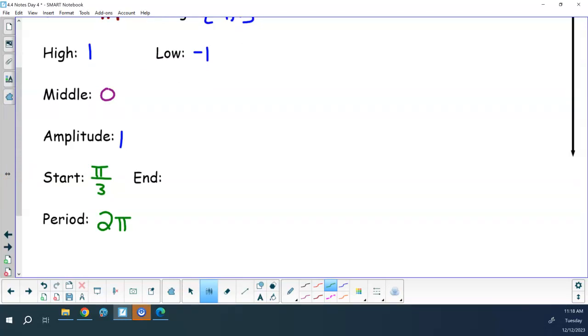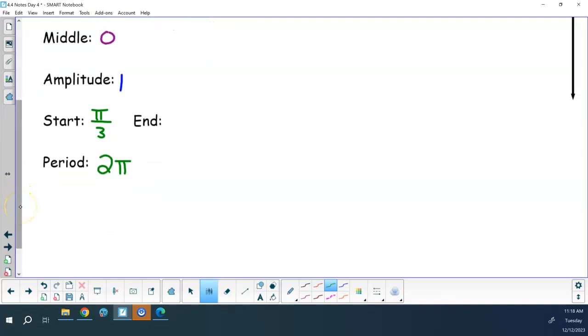Now, we've got to do some thinking, because now we've got to figure out where this ends. Okay? So we have to do a little mathematics here, because we've got to go pi over 3 plus 2 pi to figure out where it ends. Well, instead of thinking about 2 pi, what am I actually thinking about?